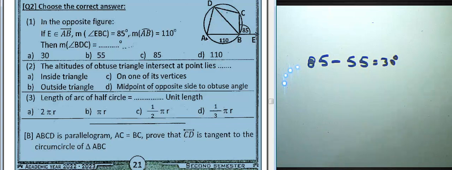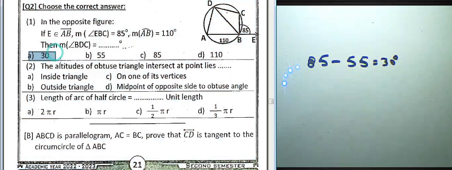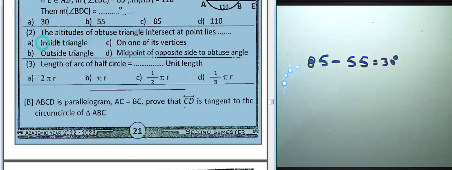We have angle EDB, an inscribed angle at arc AB. The measure of angle ADB is half of 110, which equals 55 degrees. Then the measure of angle CDB equals 30 degrees. Choose letter E.